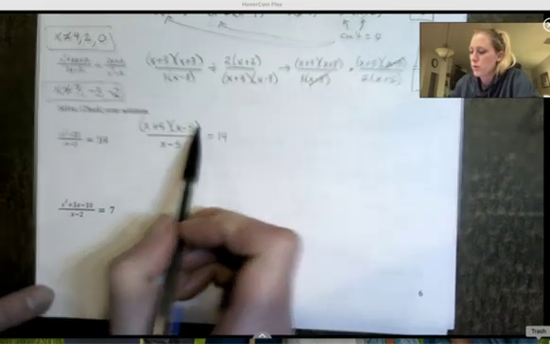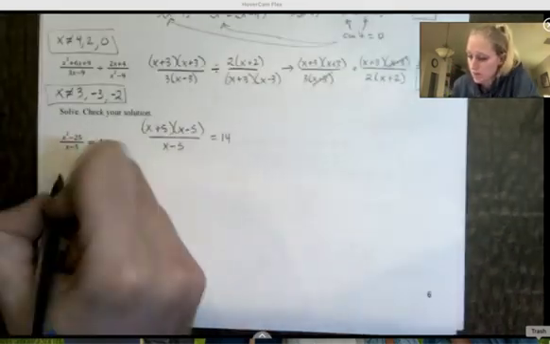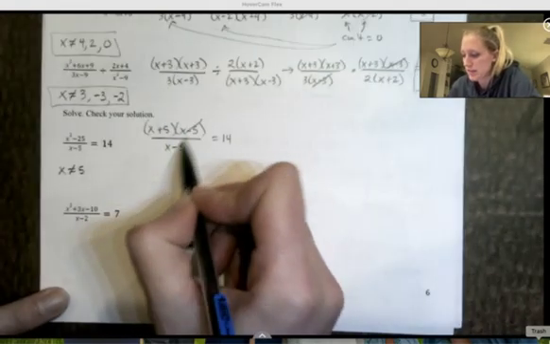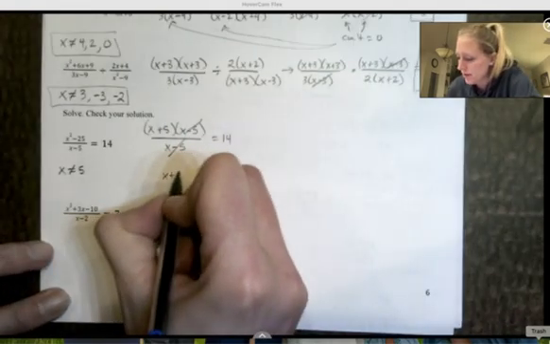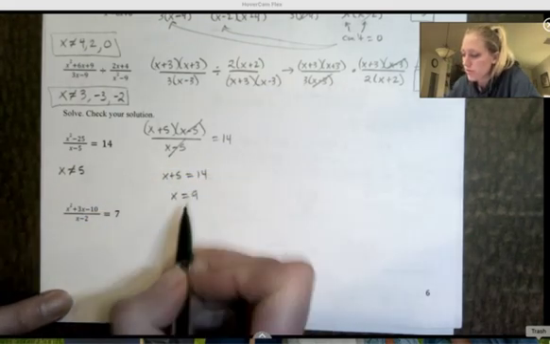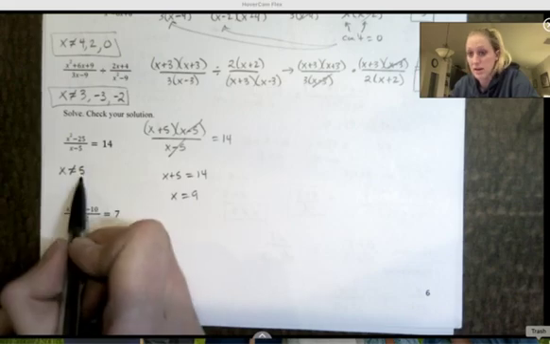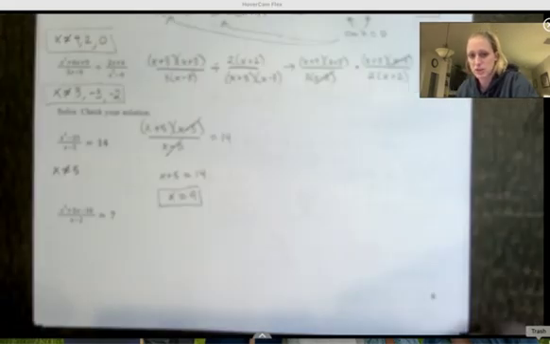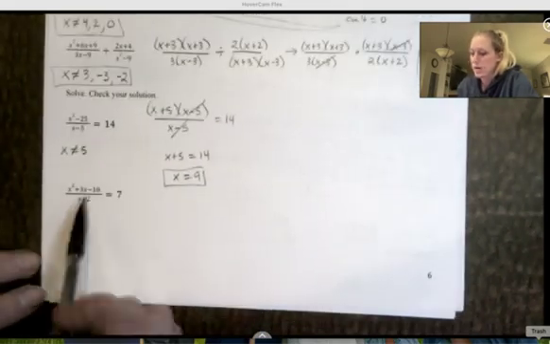Okay, so right away I notice x could not be 5, right? So I'm going to state that. All right, so these now could cancel. So I'm left with x plus 5 equals 14. Subtract 5. So this solution is good because it's not 5. If I were to get 5, then that's not a viable solution because that makes my expression undefined, my equation undefined.